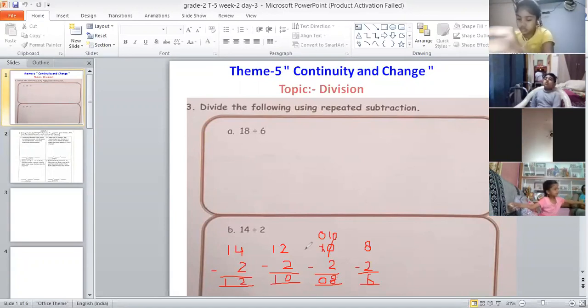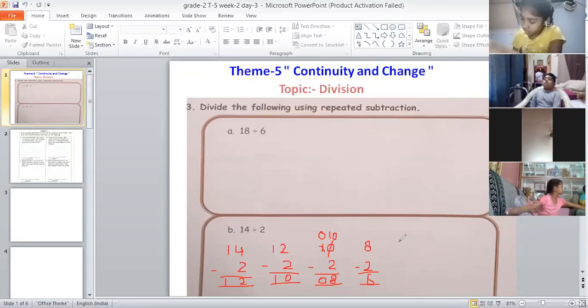Ashrita is not there. Advaita, now what will we do? We got the answer 6. What will we do now?